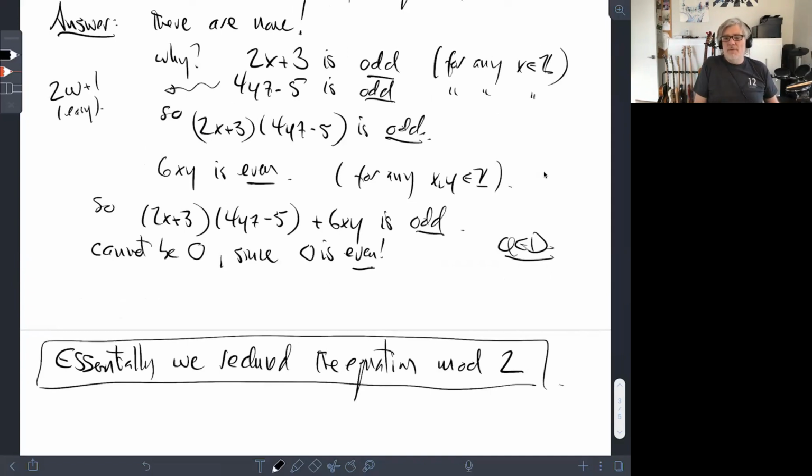Now, maybe mod 2 would not be the right place to look. Maybe it would be mod 43 or mod 120, who knows? But this is a very common and very generic approach to certain problems, not necessarily just that kind of problem, but to many, many problems.